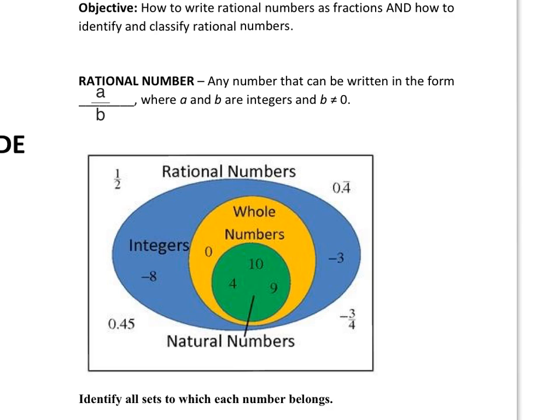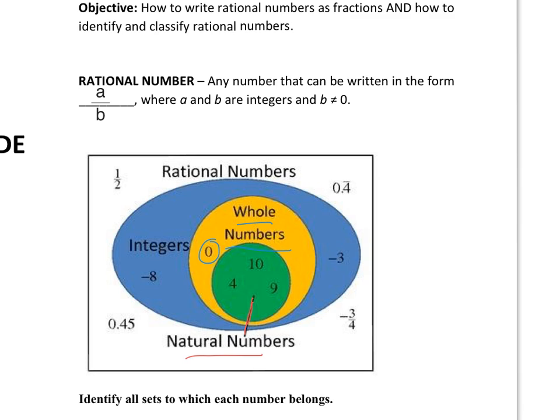Here is a chart on rational numbers. So as you can tell, in the very center we have our natural numbers, which include any counting numbers. So 1, 2, 3, 4, all the way up to 10. Then we have our whole numbers. Whole numbers include the number 0. So natural numbers do not include the number 0, only whole numbers do.